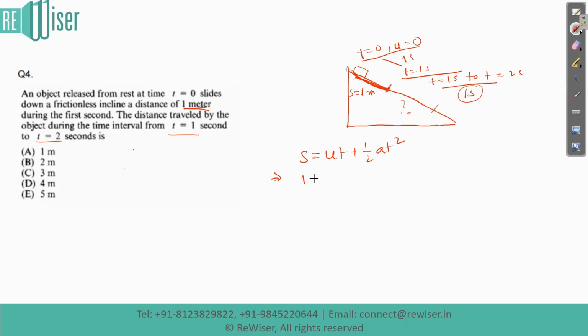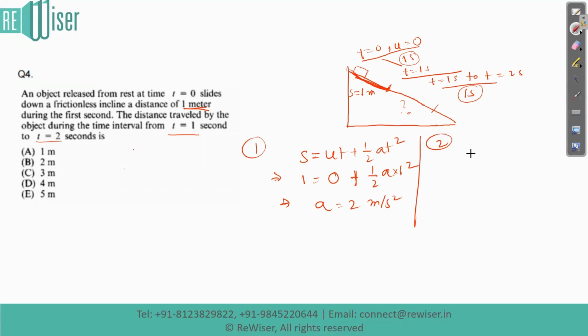S is 1, as we know. U is equal to 0, so this whole term will become 0. Now half into a, again t is equal to 1 second, right? The time interval is 1 second. So 1 square. So if we solve this, we get a equal to 2 meters per second square. This is the first case.